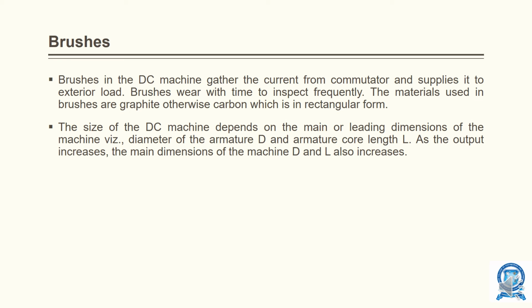If you compare the size of machines, it mainly depends on the leading dimension, or the main dimension of the machine: the diameter of the armature, represented by capital D, and the armature core length, capital L. So the main parameters are D and L. As the output increases, the main dimension also increases.